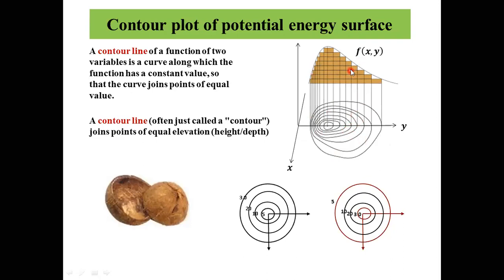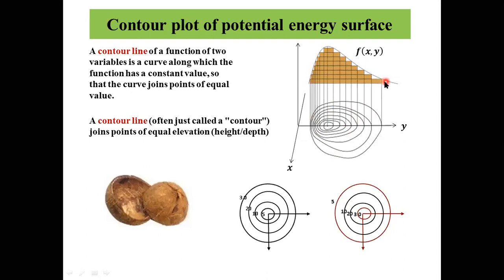Now look at here. This picture I've just taken from the internet. Let's say this is a hill, right? If you look at this hill, it has a steeper side, this part, and this is less steep.